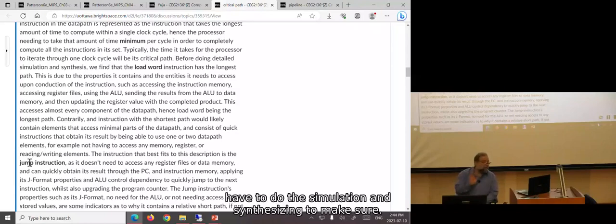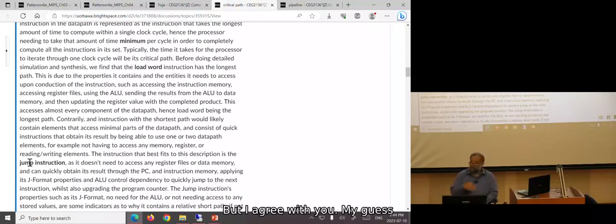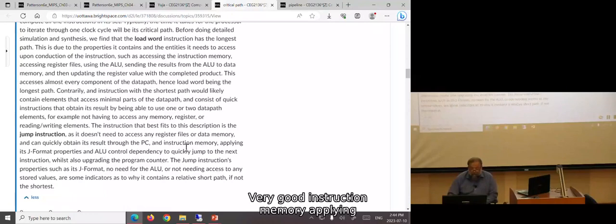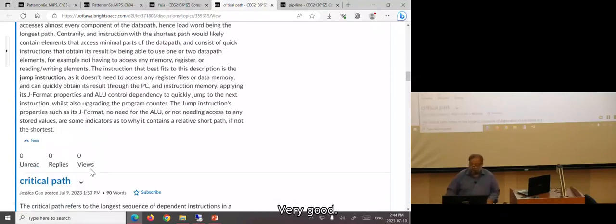We have to do the simulation and synthesizing to make sure, but my guess would be that the jump would be the fastest instruction among the instructions that we have. Instruction memory applying its J format and ALU control dependency, very good. That's perfect. So that was the first reflection.